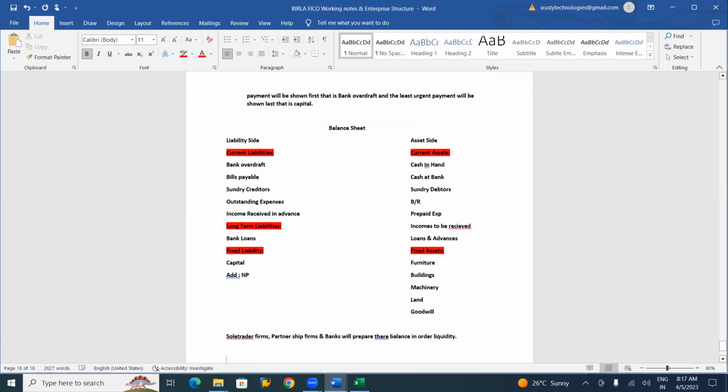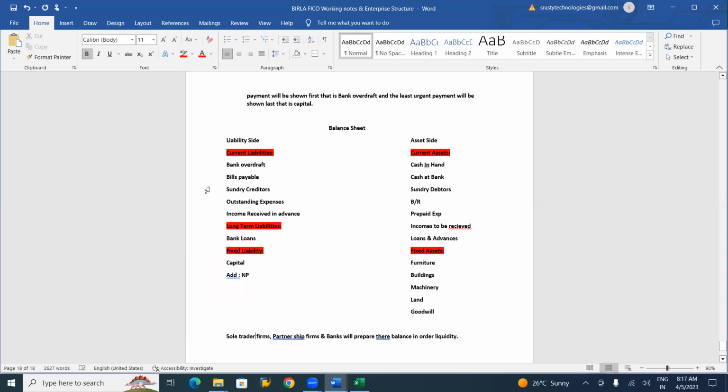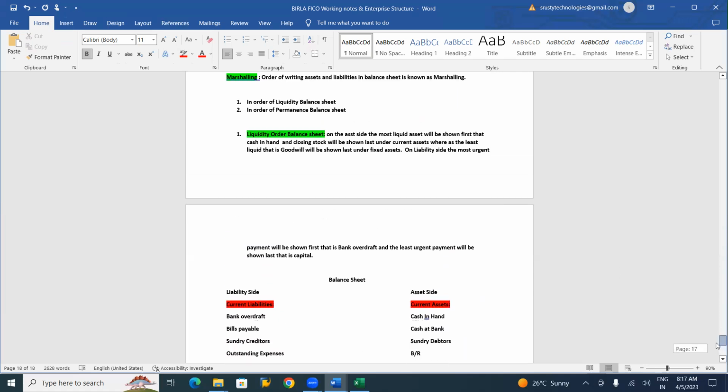Clear? Sole trader firms, partnership firms, and banks will prepare their balance sheet in order of liquidity. Next, what do you mean by the next order? We have order of liquidity.